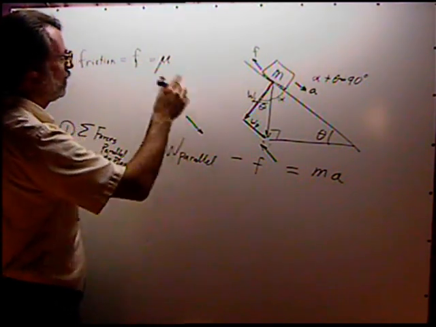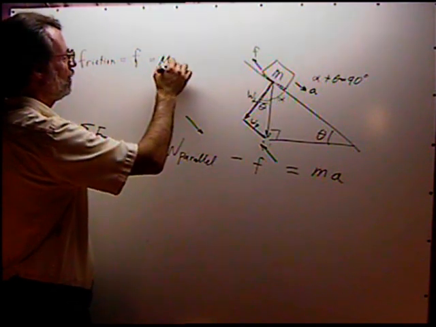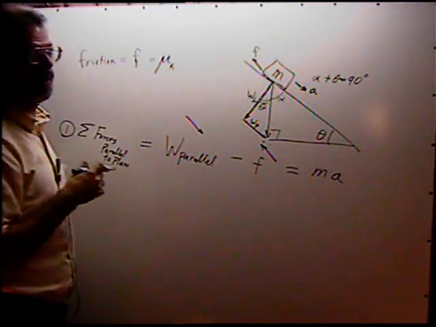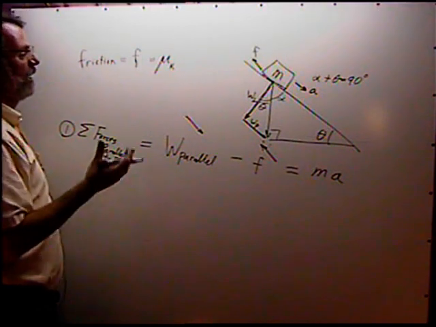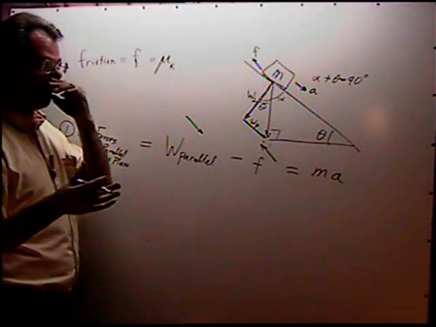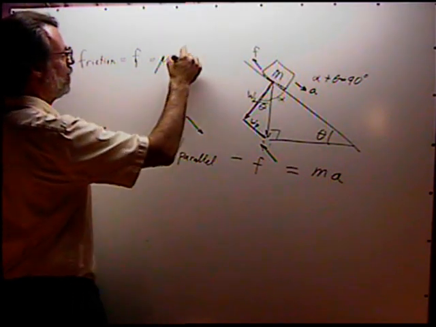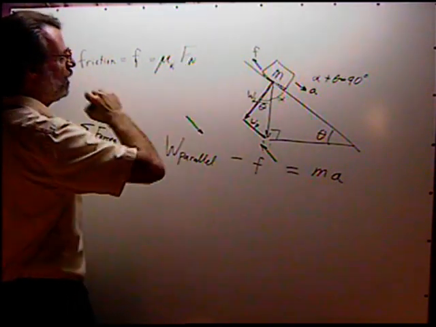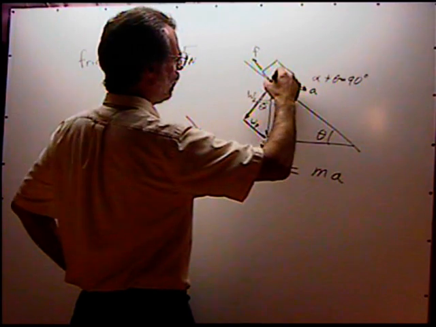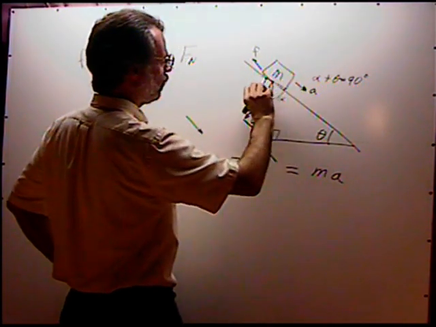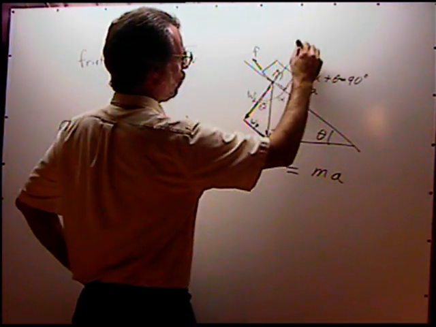Let's just say the object is moving, so we're in a moving situation, so we're looking at the kinetic coefficient of friction times the normal force. Now, what is the normal force? The normal force is the force that acts normal to the surface, right here.